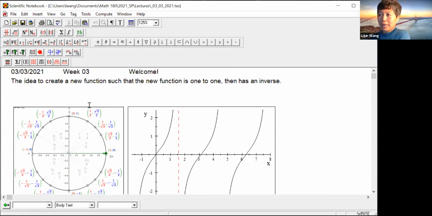The idea is to create a new function based on the existing sine function.